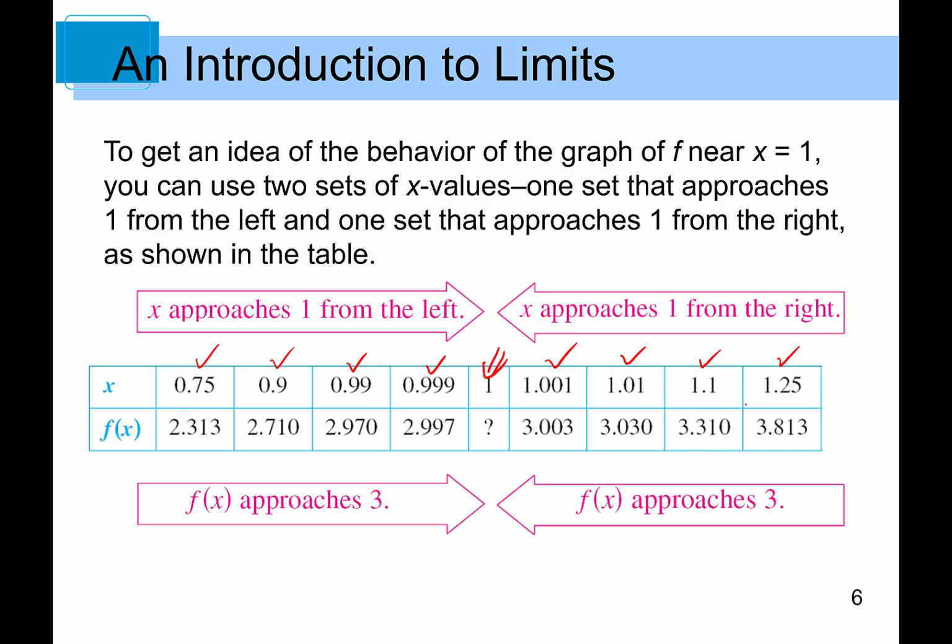So in order to find out the limit behavior at this particular point x equals 1, let's see what the y value is. For x equals 0.75, f of x is going to be equal to 0.75 cubed minus 1 over 0.75 minus 1.